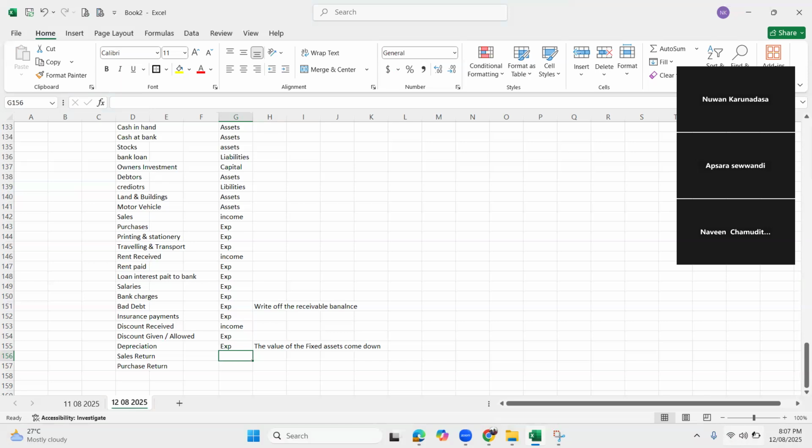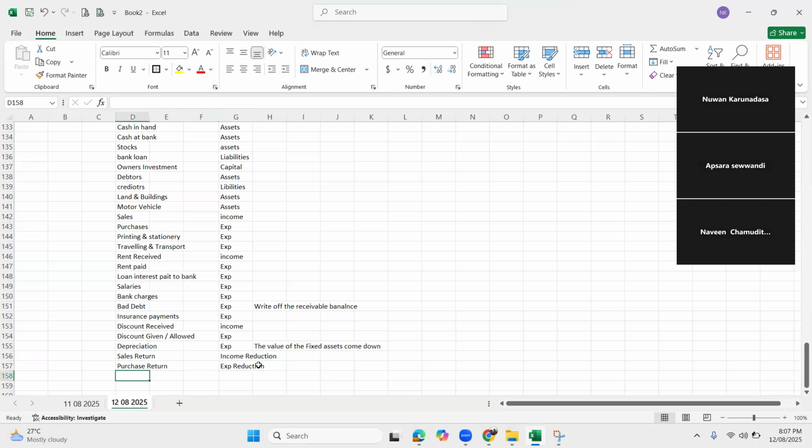What is it? Expense? No, it is income reduction. You can't say expense. Then the purchase return is expense reduction.